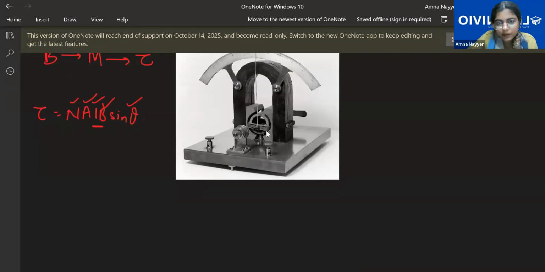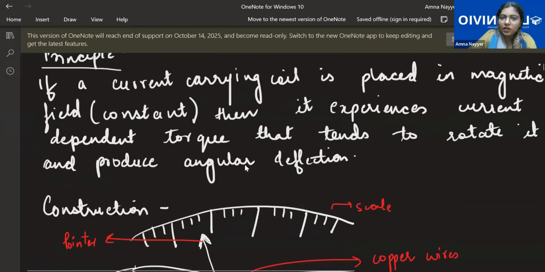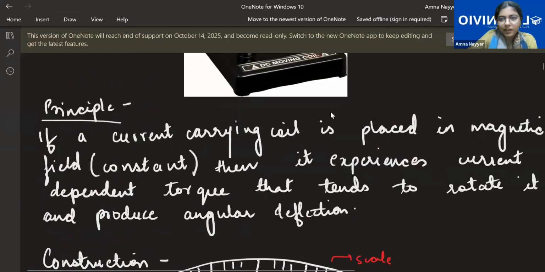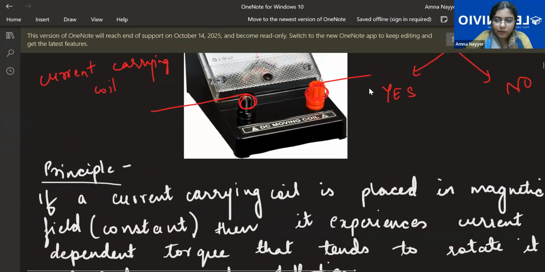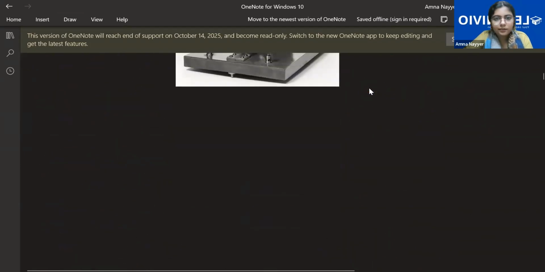So current carrying coil means the coil is carrying the current. We say current carrying conductor, current carrying coil means current is there. That is for sure. Otherwise, wire or coil term will be mentioned. Got it? Yes, ma'am.